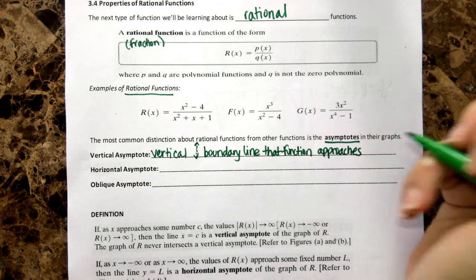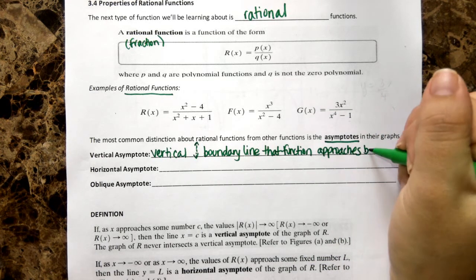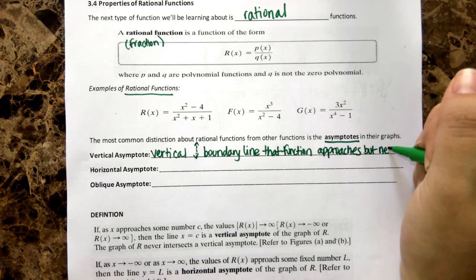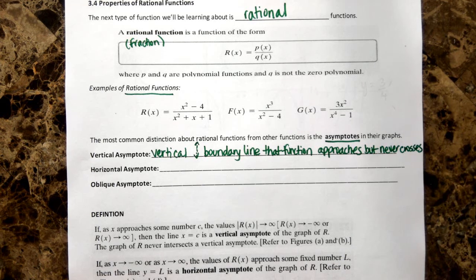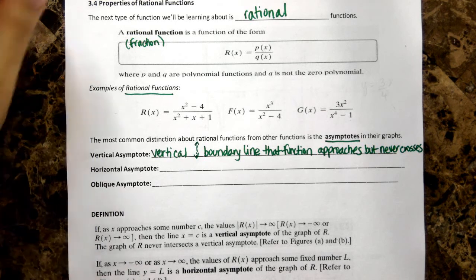So it's a vertical boundary line that a function approaches but never crosses or intersects. Okay, and we'll do some examples on what that looks like in just a bit. But it's pretty much some imaginary boundary line, vertical.